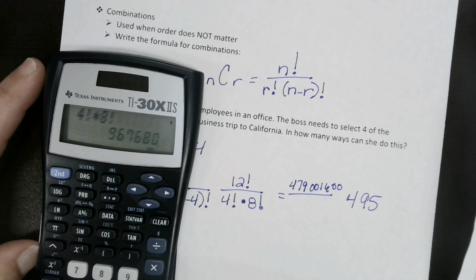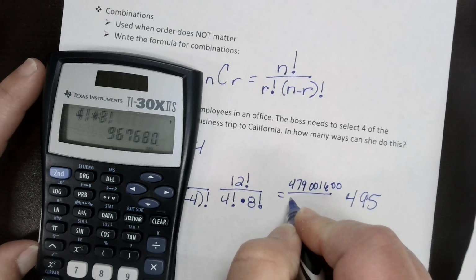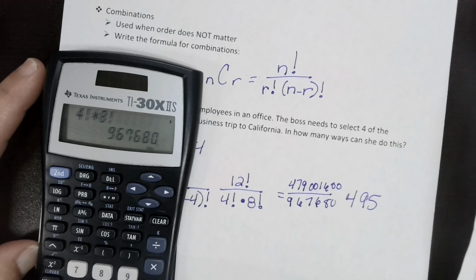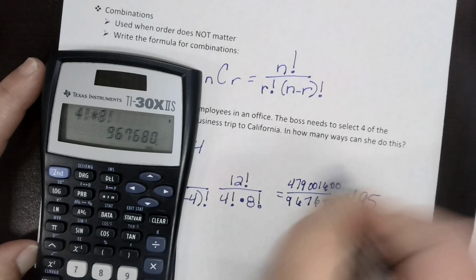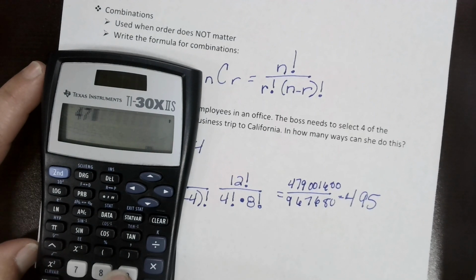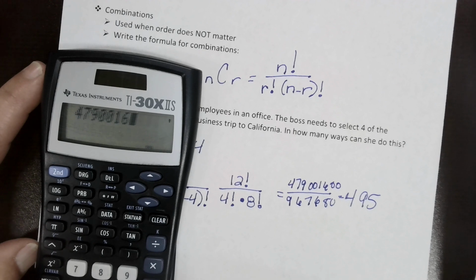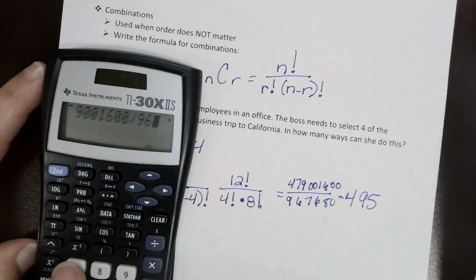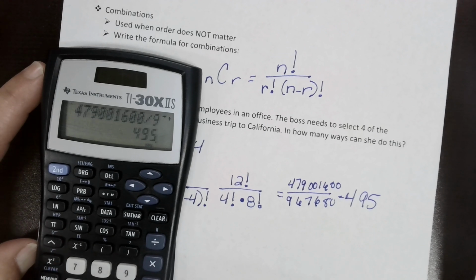Hit enter and you get this number, 967,680. Do the math on it. 479,001,600 divided by 967,680 equals 495.